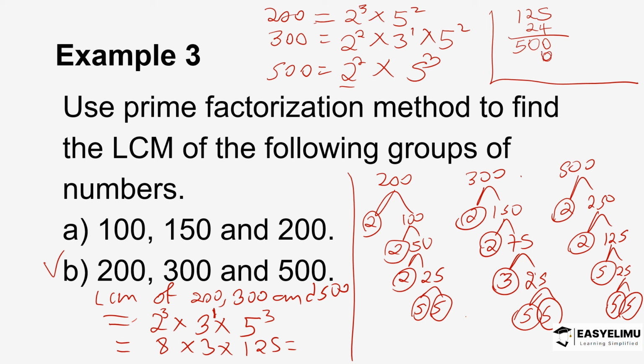We add 0 here, then 2 by 5 is 10, so 0 carry 1. 2 by 2 is 4 plus 1 is 5, and 2 by 1 is 2. Then you add all these: 0, 0, 0, 3. So this is giving us 3000 as the LCM of 500, 300, and 200. So that is how you go about it. That's how you find the LCM using prime factorization.